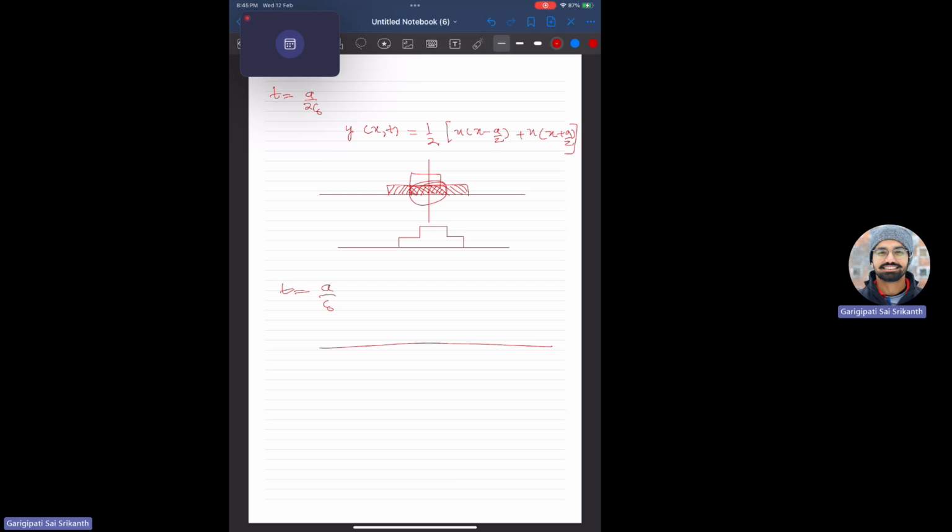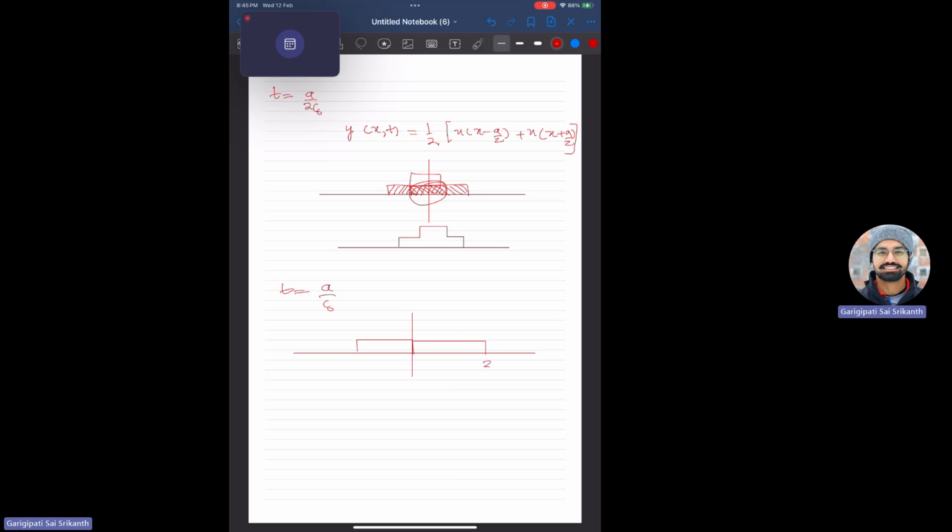Then what we observe is, assume that these two are of the same height.